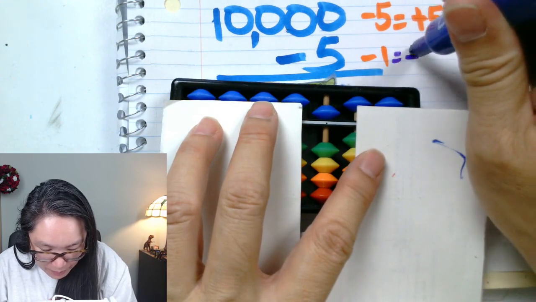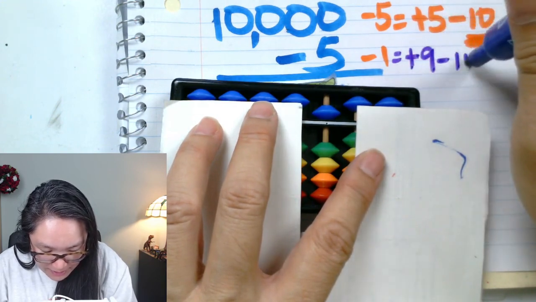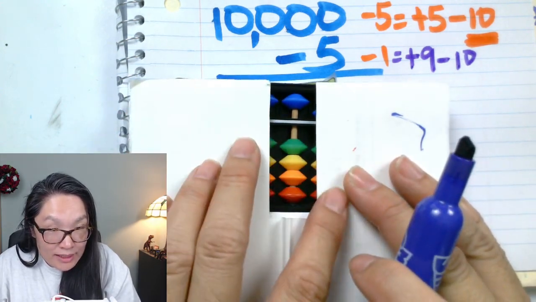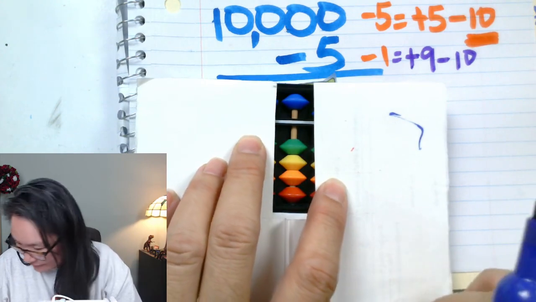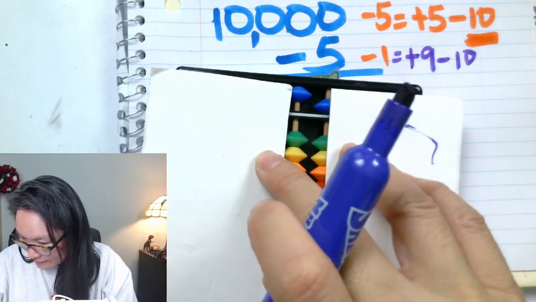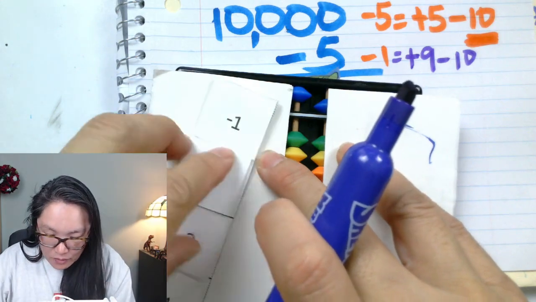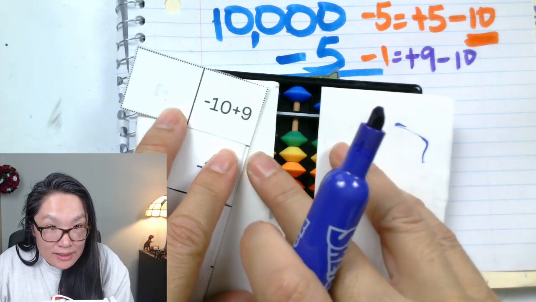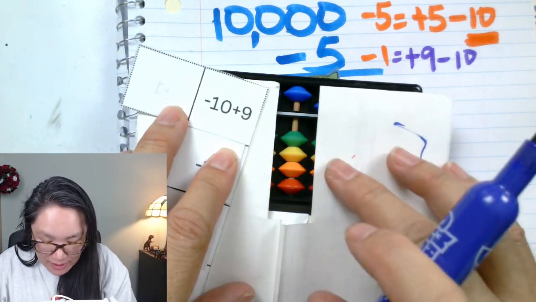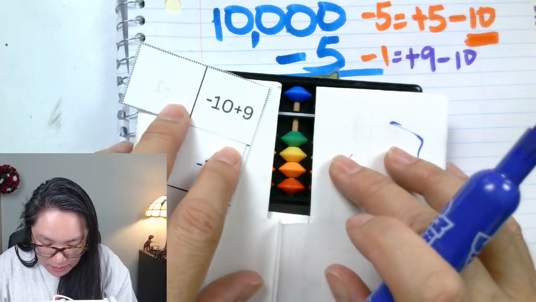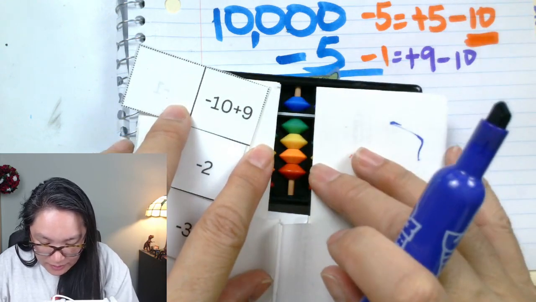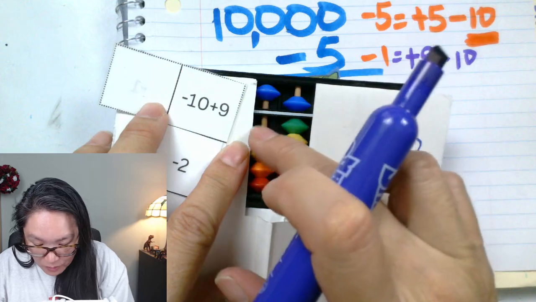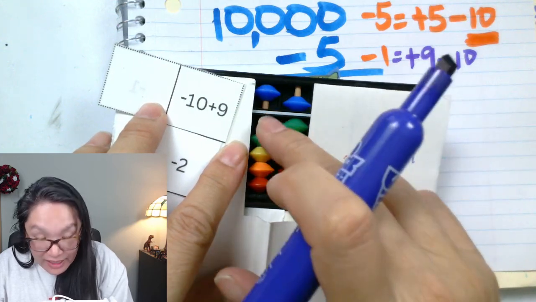Because we're trying to take away the 1, we take away the 10 and add the 9. So we add the 9, and then we minus the 10. Minus 1, minus 0.